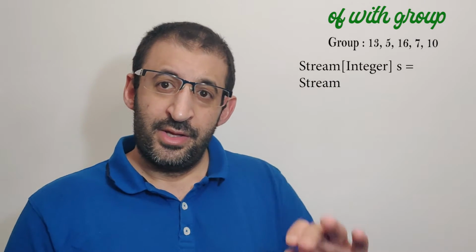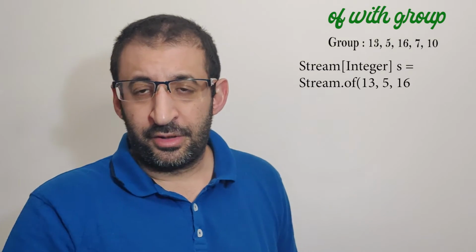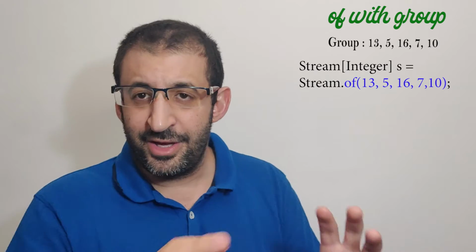Let's see the first example, a group of values. Here we have a group of values for the first example. So I need the stream. The goal is to get the stream. The group of values is integers. So I declare Stream of Integer s equal Stream.of, my group of values. So for example, 13, 5, 16, 7, etc. Just like this, and here I have got my stream.